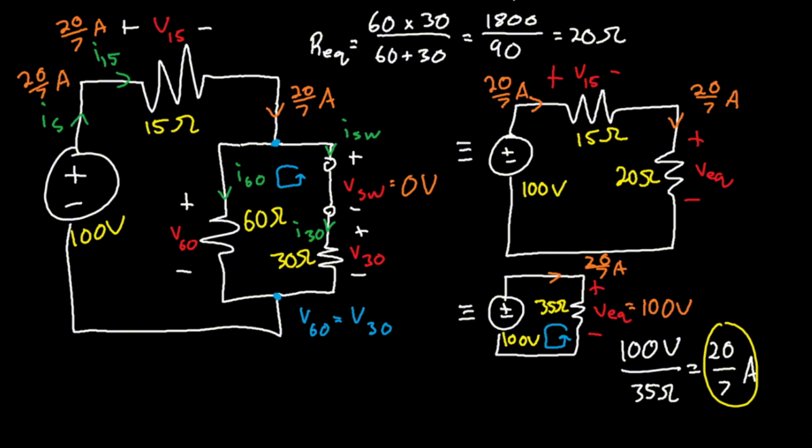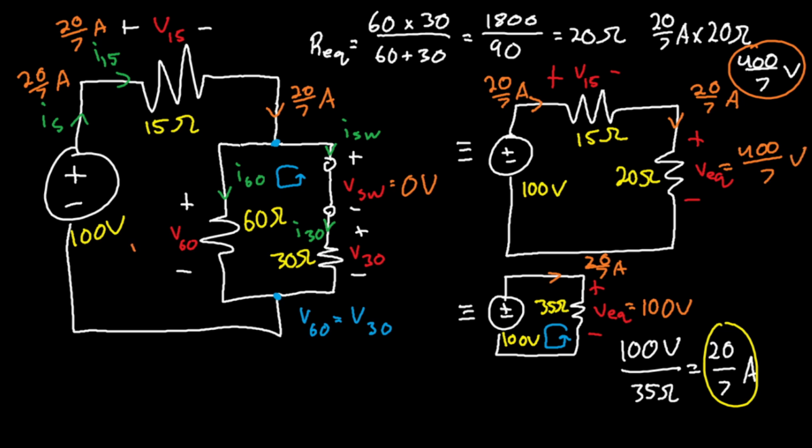So 20 over 7 amps times 20 ohms is equal to 400 over 7 volts. So this right here is 400 over 7 volts. Therefore, these are also 400 over 7 volts and 400 over 7 volts.